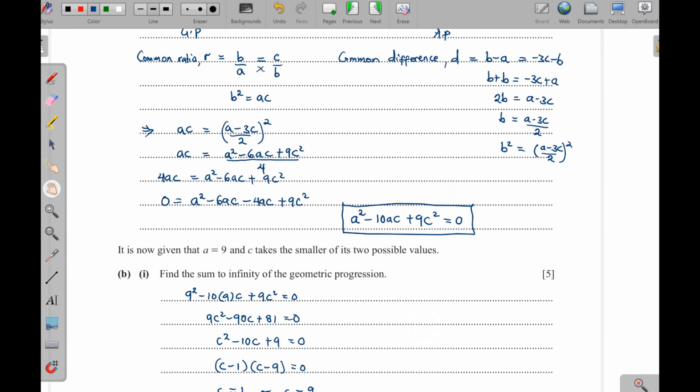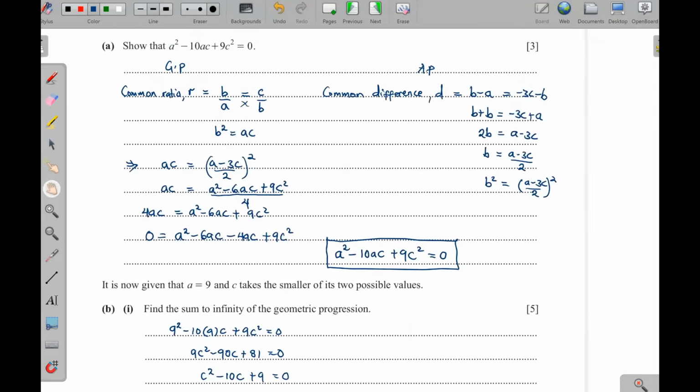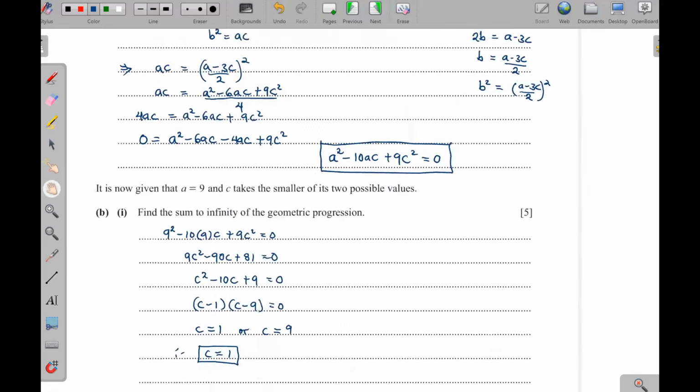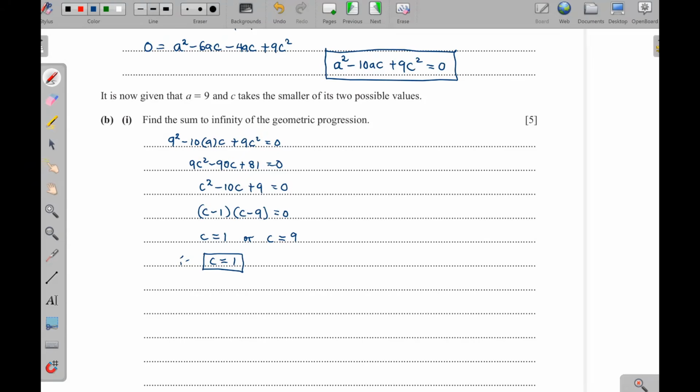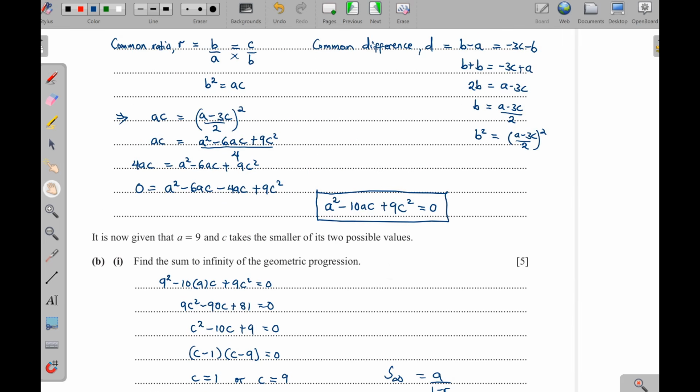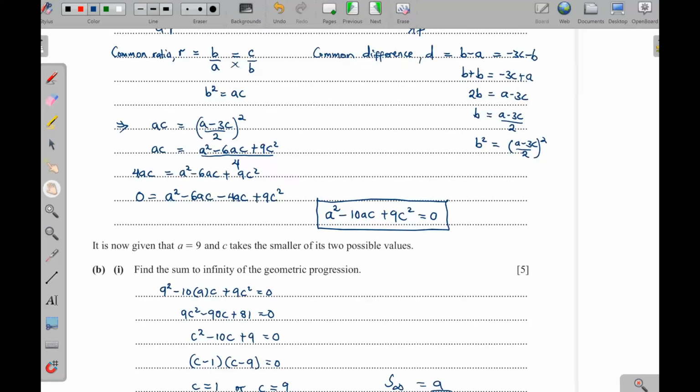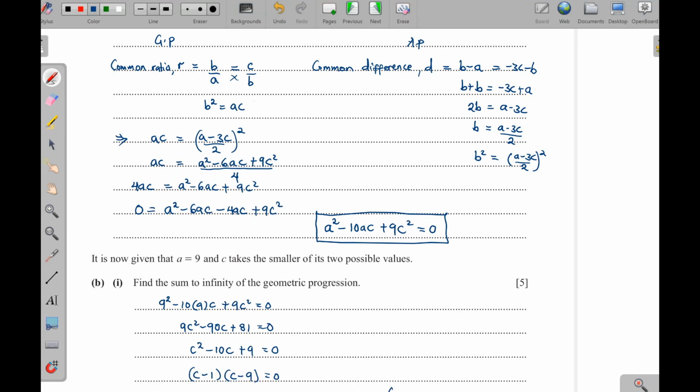Then they want the sum to infinity of the geometric progression. So the sum to infinity is given by a out of 1 minus r, not so? So we need the value of a. The value of a is given as 9, okay?